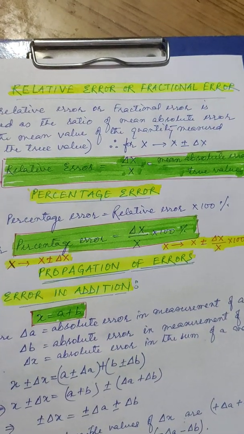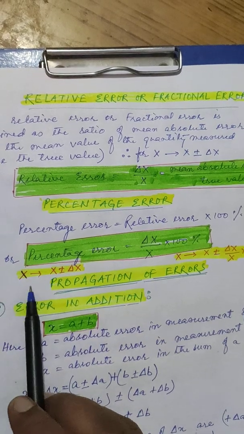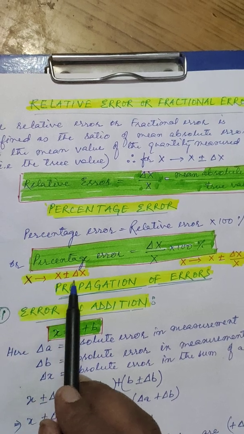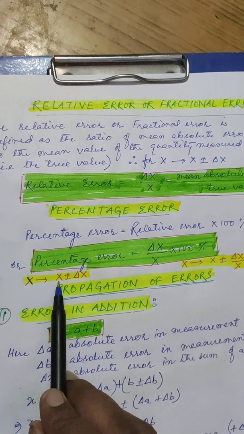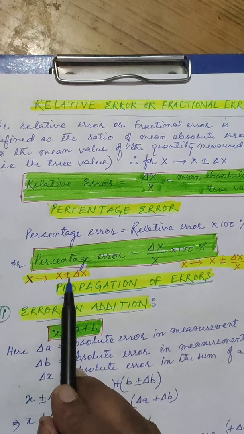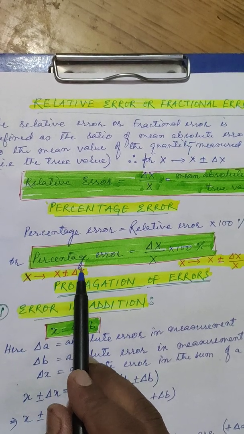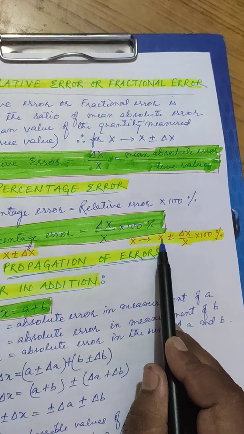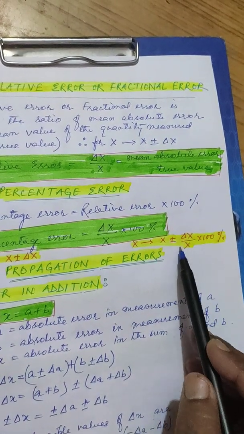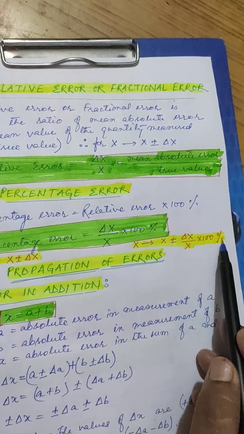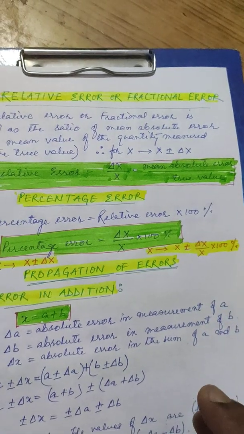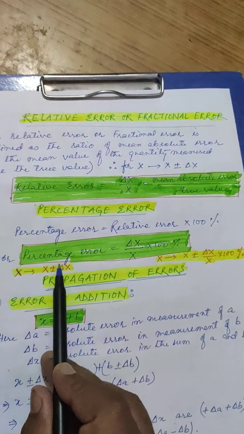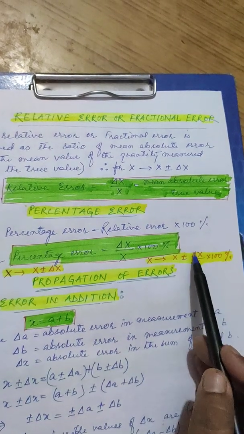Okay. Now always remember a very important thing: any physical quantity which is measured can be represented in this form, that is the true value plus minus the error, or it can also be represented in this form, true value plus minus percentage error, delta x by x into 100%. So there are two ways in which a physical quantity can be represented: in terms of error only or in terms of percentage error.